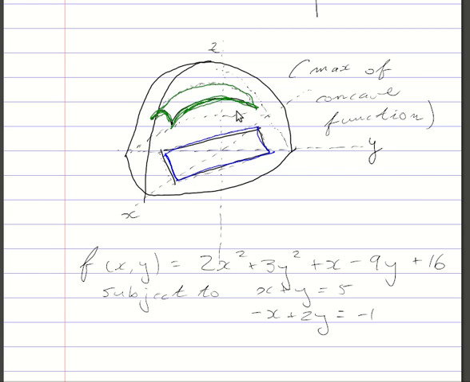What we're essentially doing then with the Lagrange multipliers is to look at the possible maximum of the function over all of these lines indicated here. When we use the Kuhn-Tucker conditions, we'll actually be looking at the inside of this figure as well.